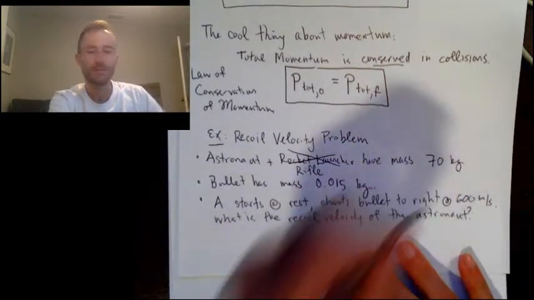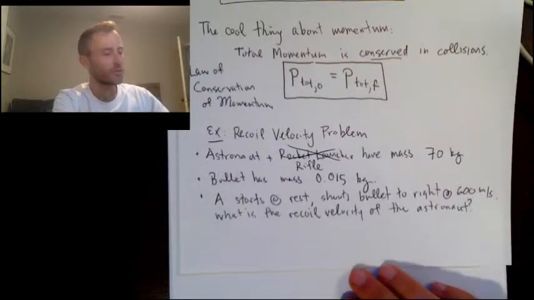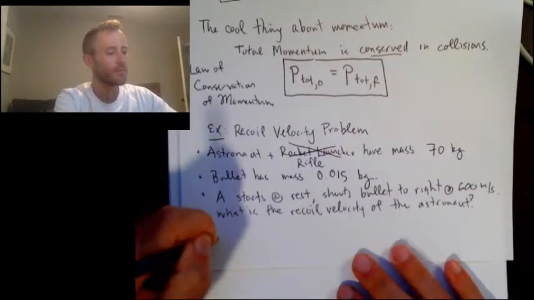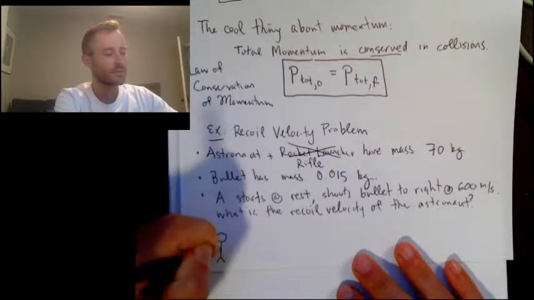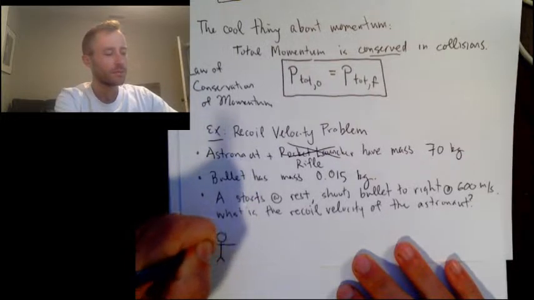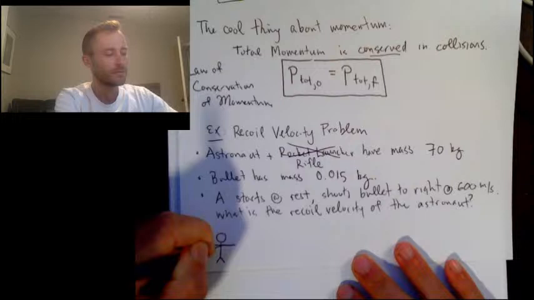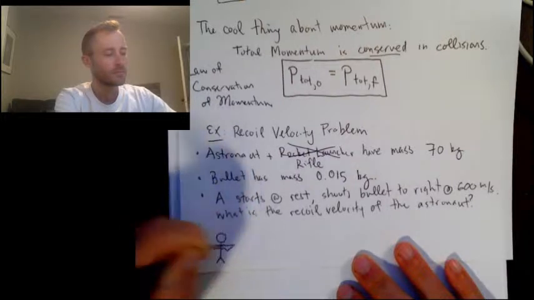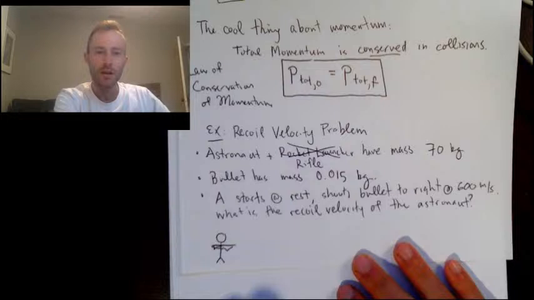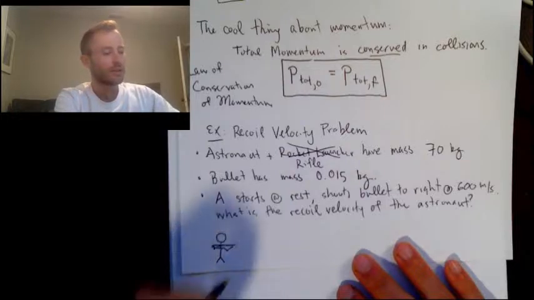That's a question. Okay, so let's draw a picture of this. So we start out with the astronaut like this. Here's the rifle. Like that. And so this is before.